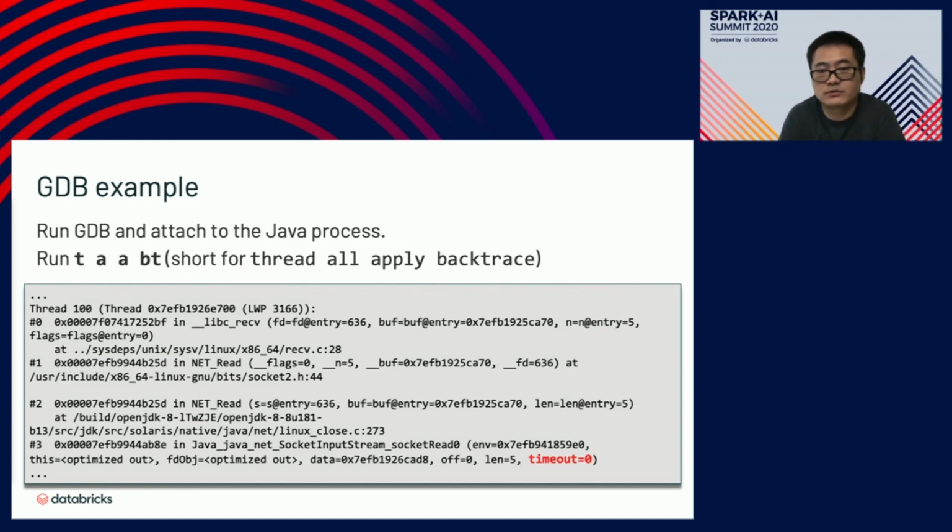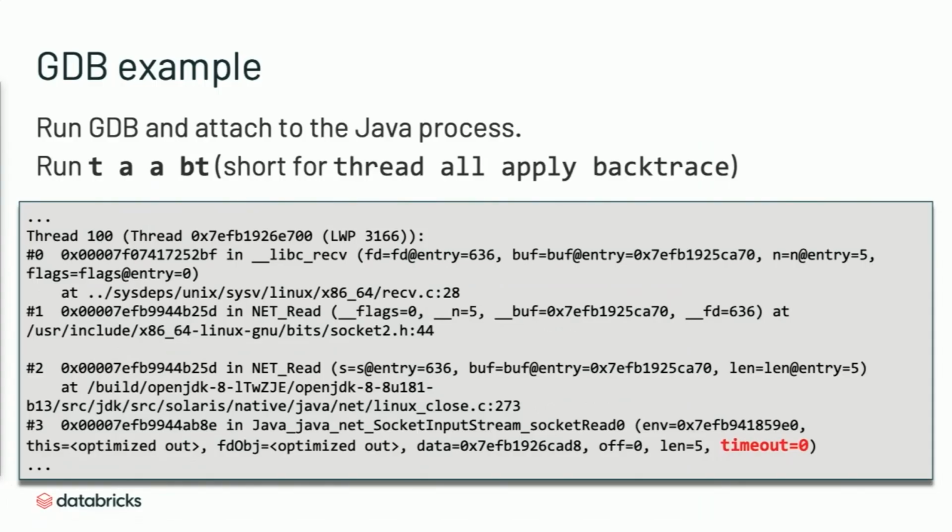And we can also cross-check with GDB. So it turns out modern OpenJDK implementation has this very nice integration with GDB, and then you can actually see the Java stack along with the native stack just from GDB itself. So by running GDB and attaching to our target Java process, we can run taabt, which is short for thread apply all backtrace, to see all the stack traces for all the threads in that process.